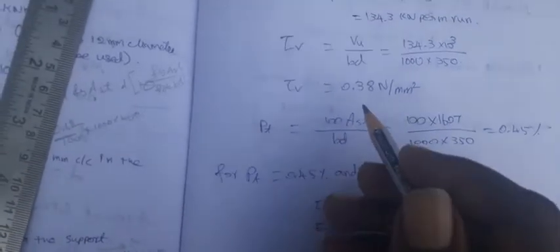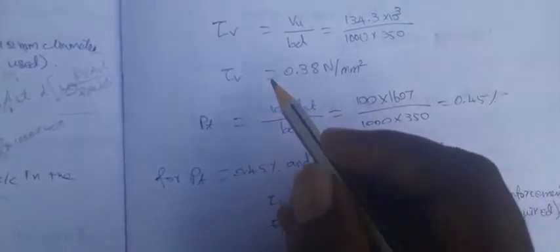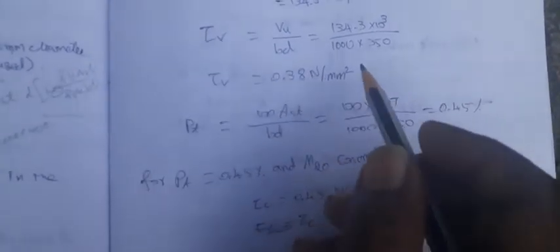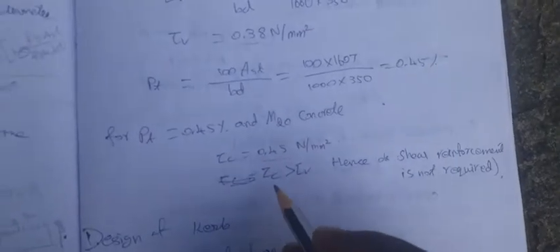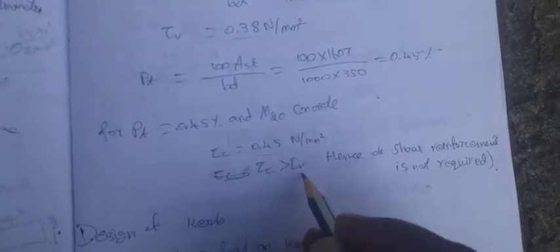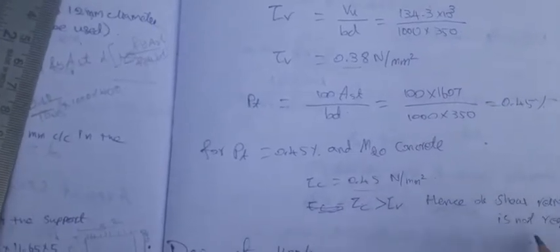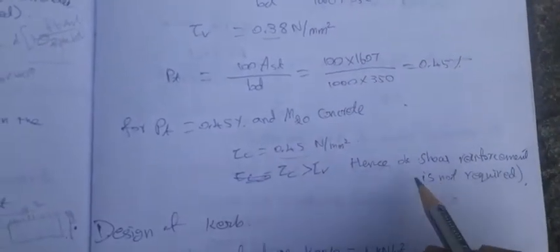But by the loading, a stress of 0.38 Newton per mm square will be acting. So this value is lesser and the capacity of our structure is higher. So tau C is higher and tau V is smaller. Since tau C is greater than tau V, shear reinforcement is not required because it is safe against shear.